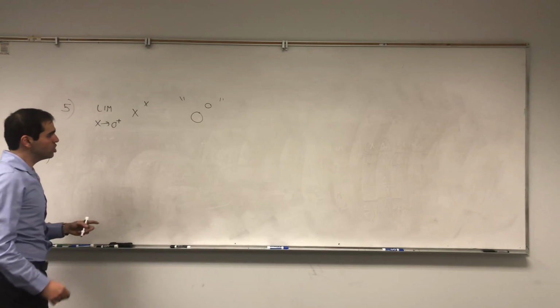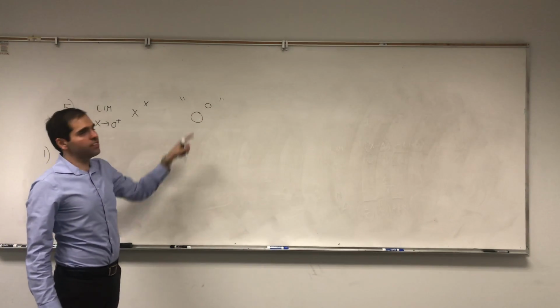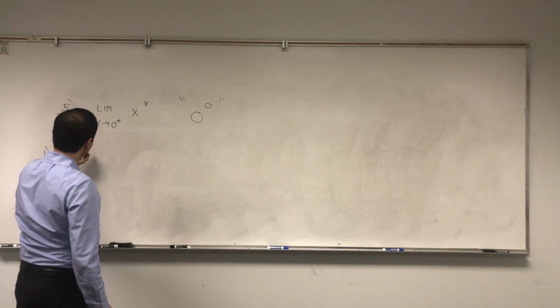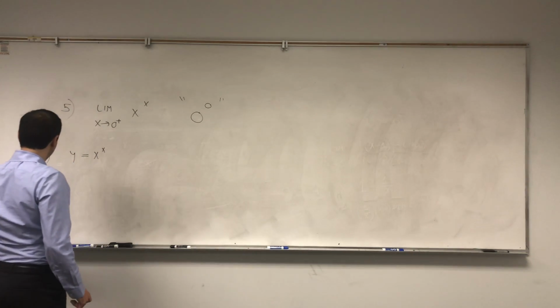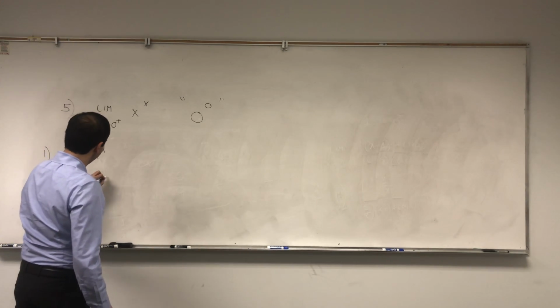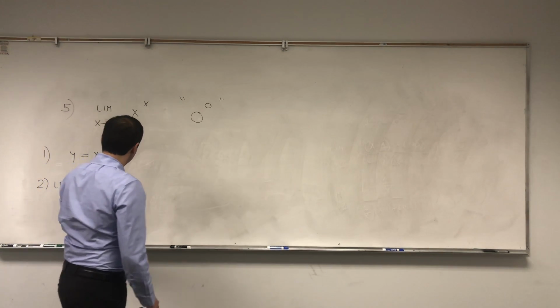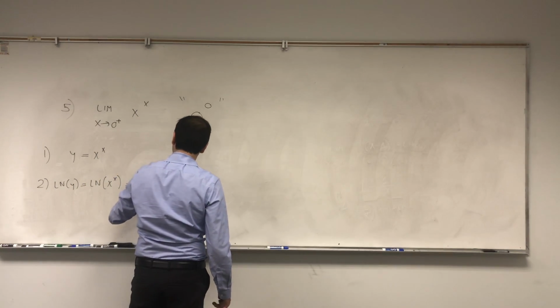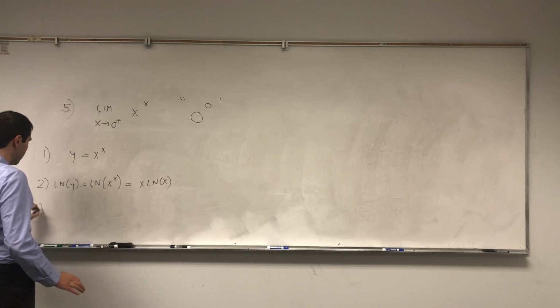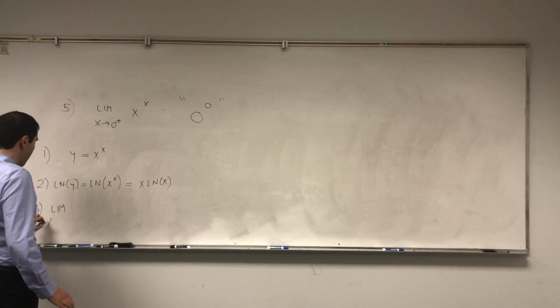Well, the way to transform this thing into a product is by using ln. So let y be x to the x. Then ln of y is ln of x to the x, which is x ln of x.